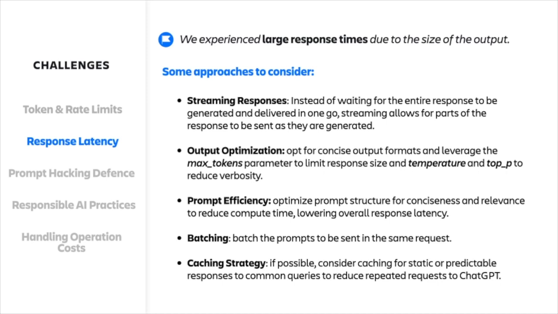You can structure your prompts in a more efficient manner, make them more concise, lowering the overall response latency. You can do batching, so batch several prompts into one request, and caching is an important topic. If you have a lot of complex queries, you can reduce repeated questions together.